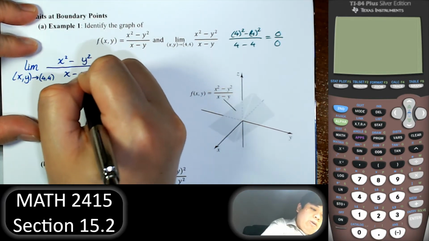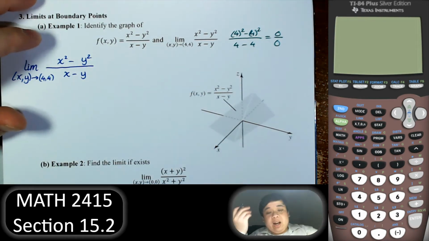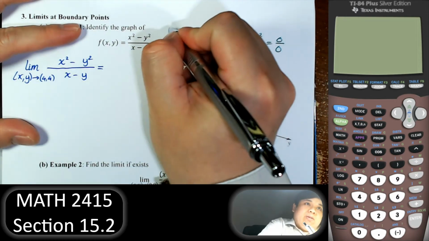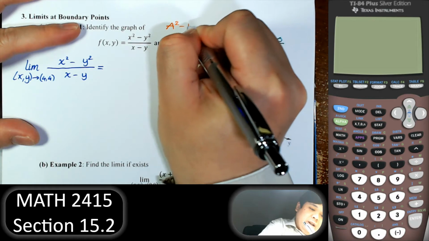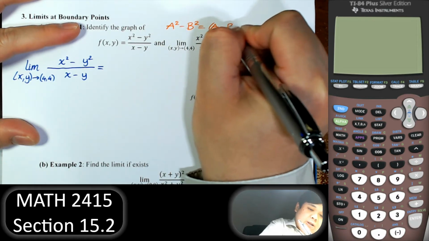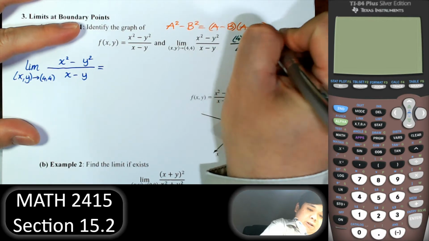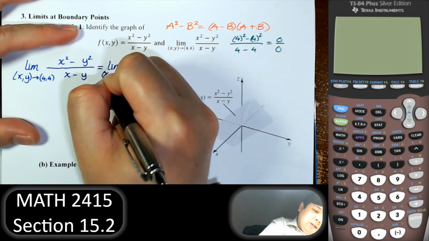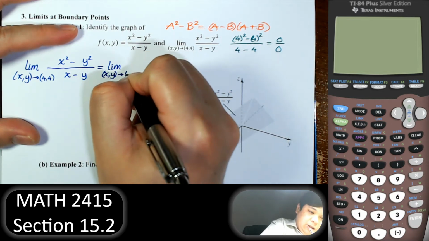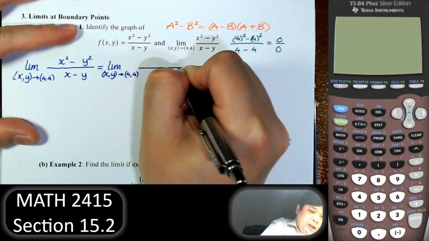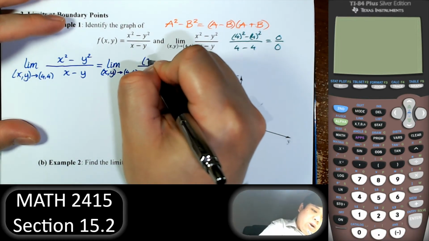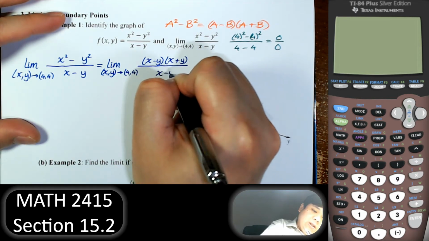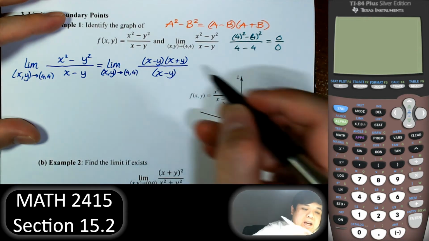Because we have 0 on the top and the bottom, which means they share a common factor. And the factor that we have is a difference of two squares. So we have the limit. x squared minus y squared is x minus y times x plus y, and we can cancel those.